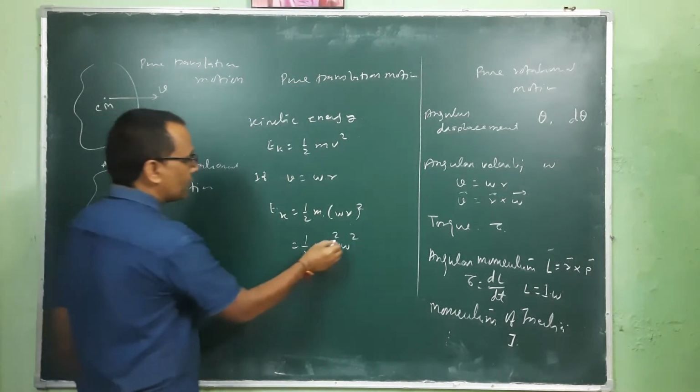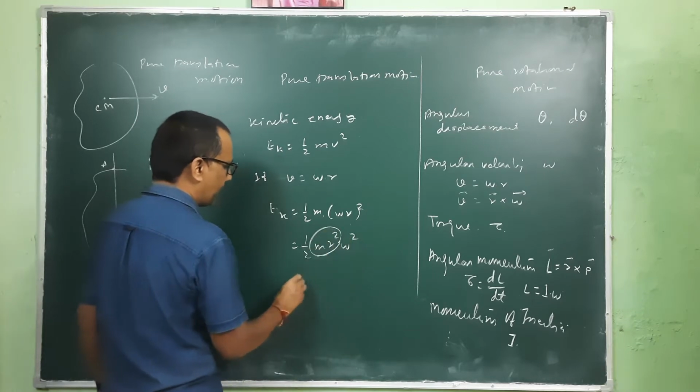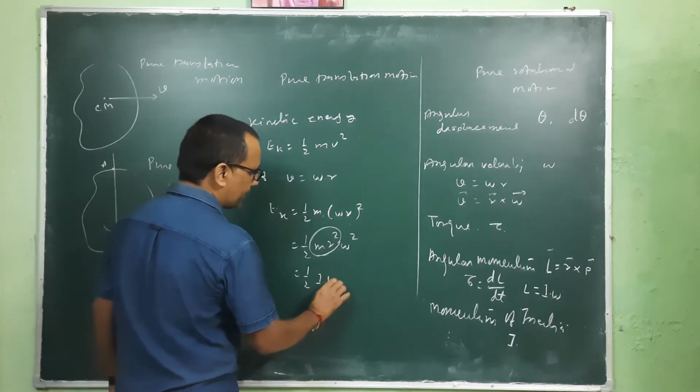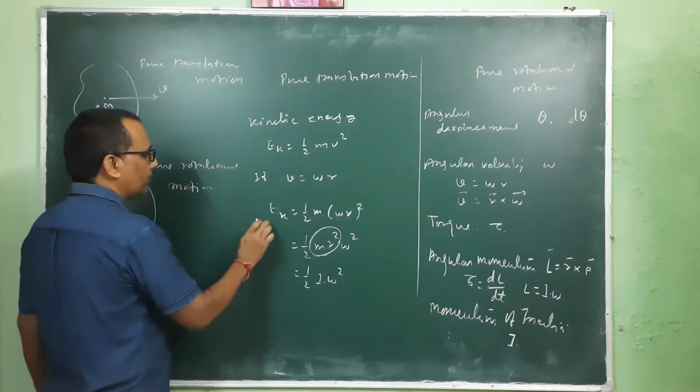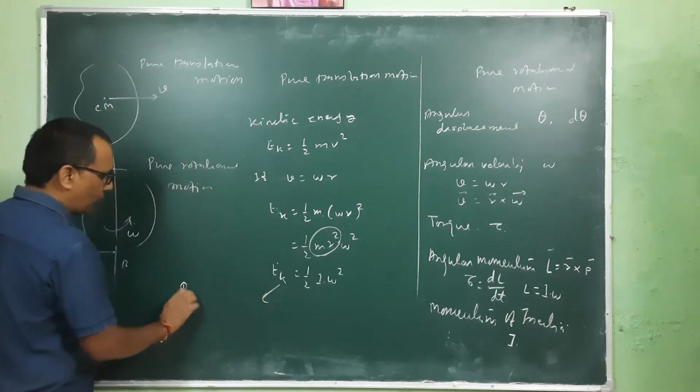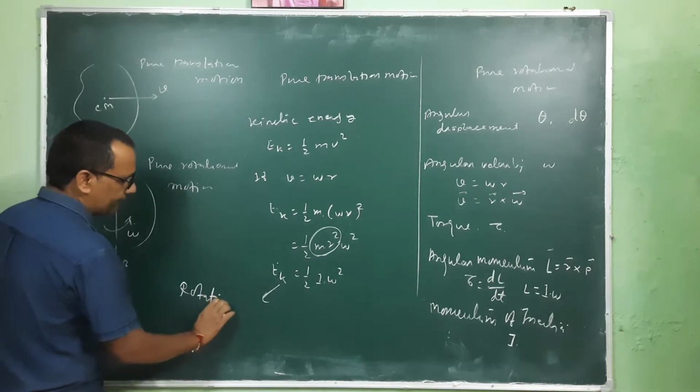And this mr square is represented by another physical term, that is moment of inertia. So this is I omega square, and this Ek is now known as rotational kinetic energy.